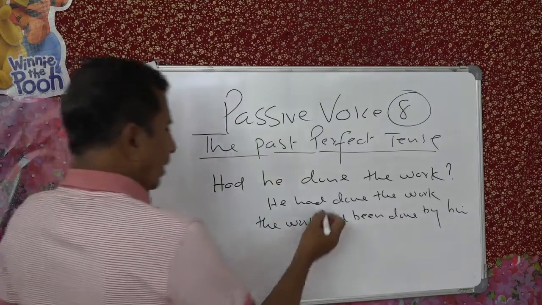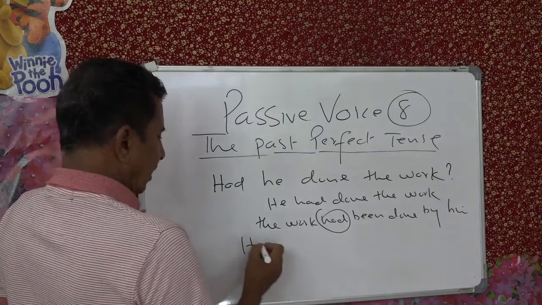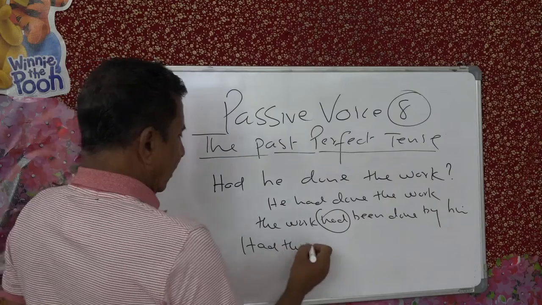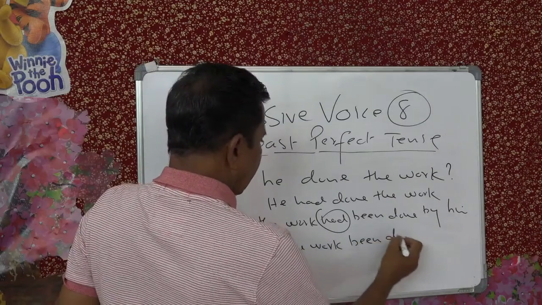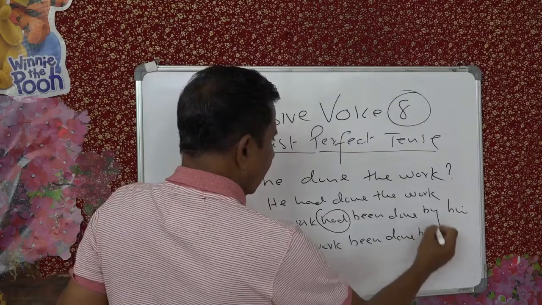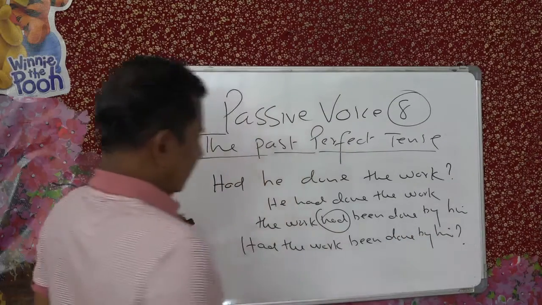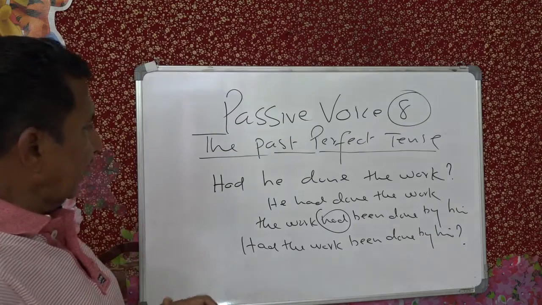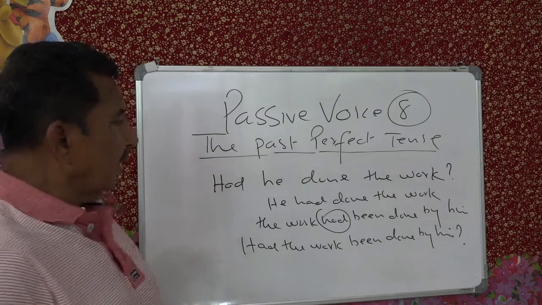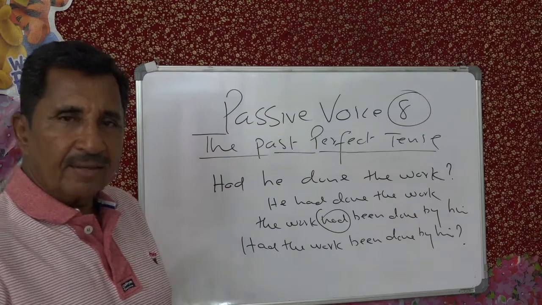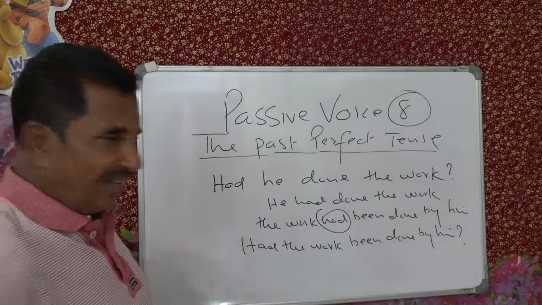The question will be: had the work been done by him? So, had he done the work? Had the work been done by him? That's all. Understand? Simple.